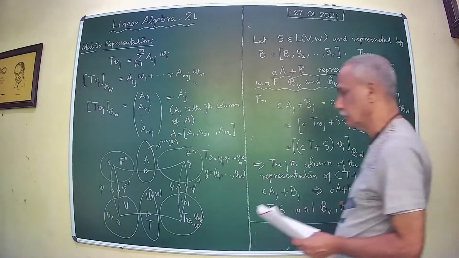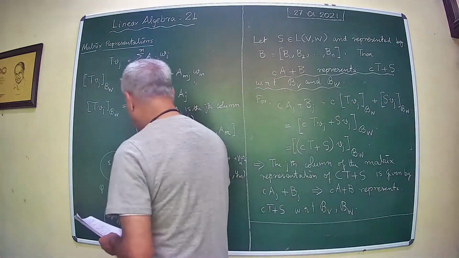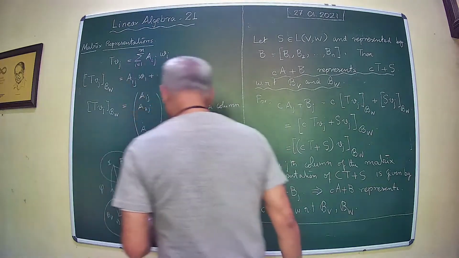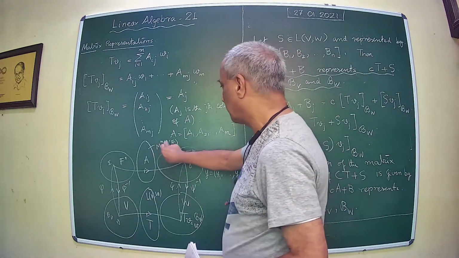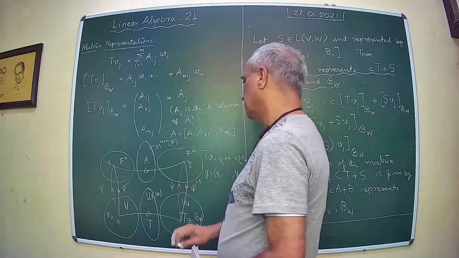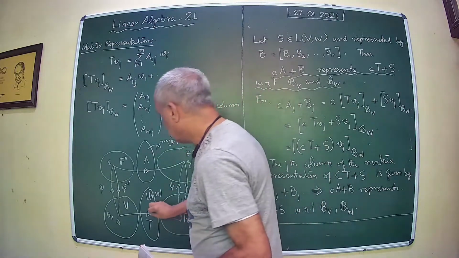Okay. Now we define a mapping from L(V, W) to M m by n (F). How do you define it?